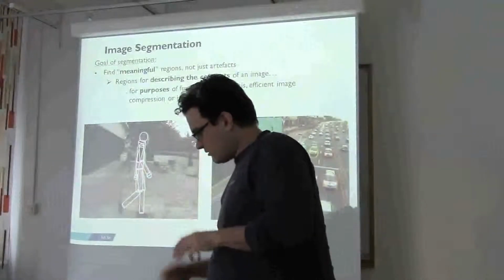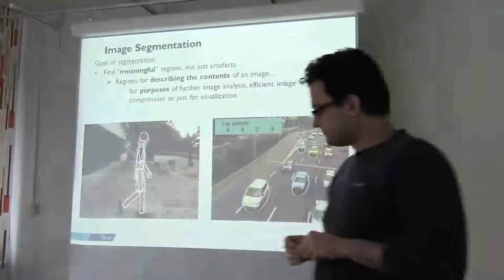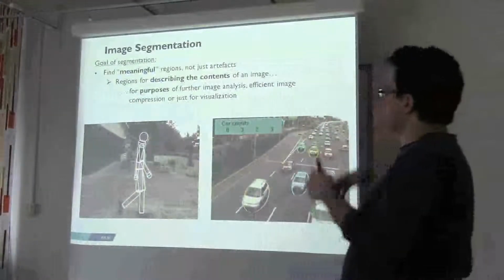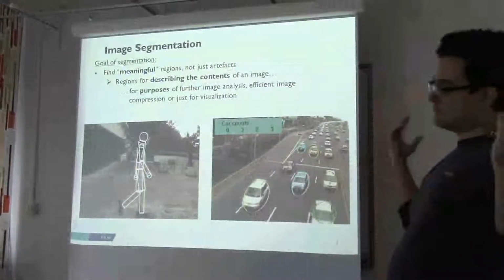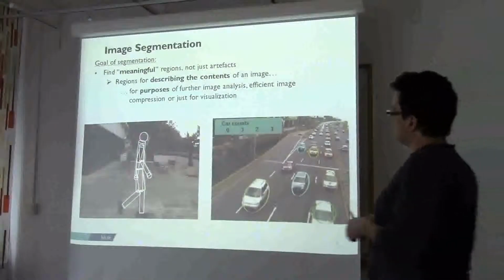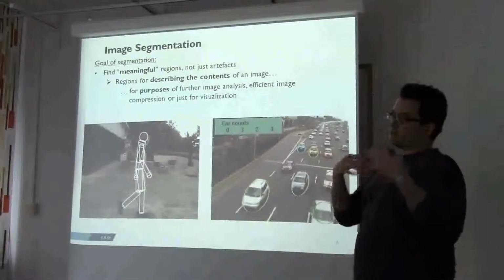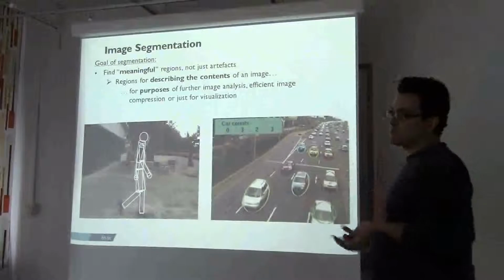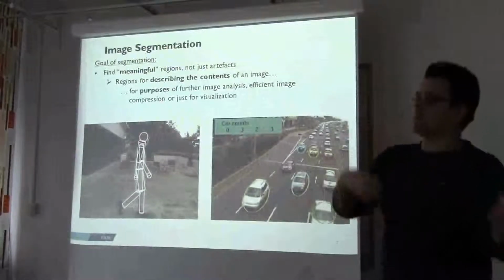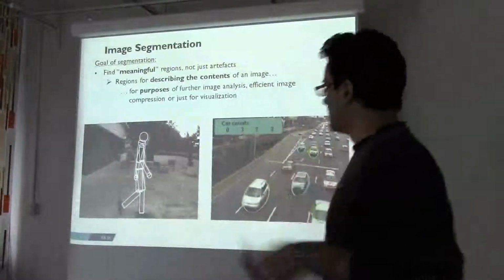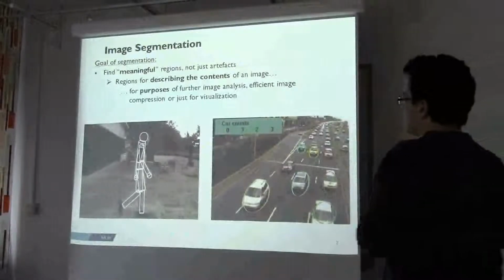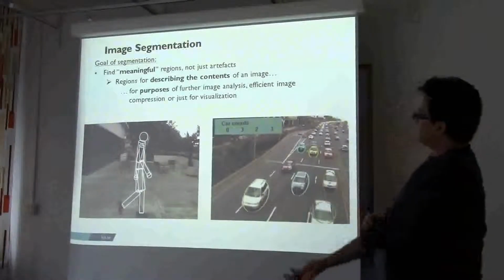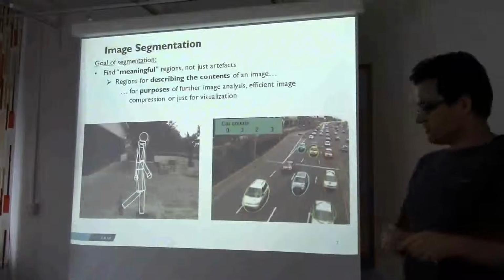So the goal is to find uniform regions, to describe the context, and the purposes of segmentation can be made for further analysis, to extract features in the regions that you have segmented, so you apply recognition, classification, many things. Image compression can also benefit from segmentation.